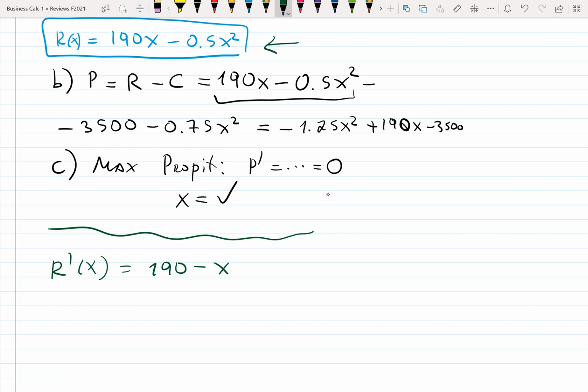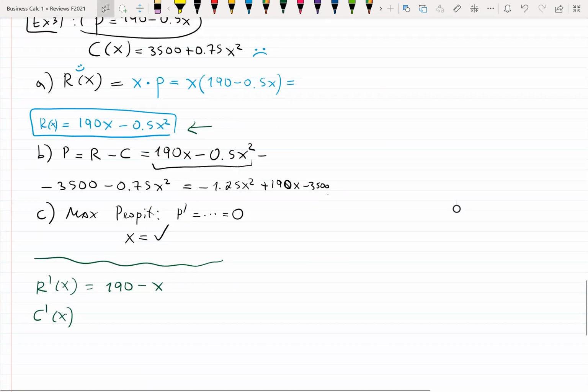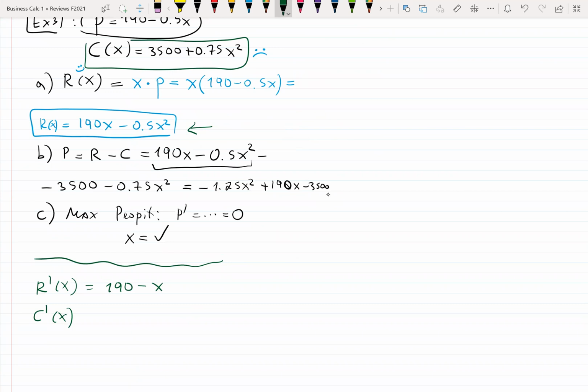If they ask you to find C prime, where's my C? Here it is. It was given: 0 plus 1.5x. Done. How fast the cost function is changing.